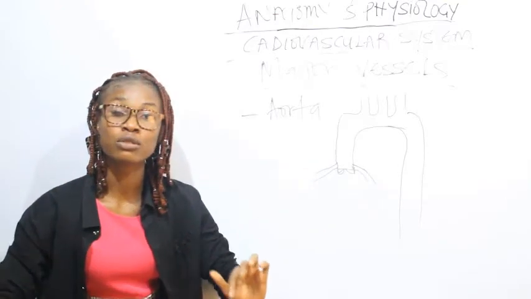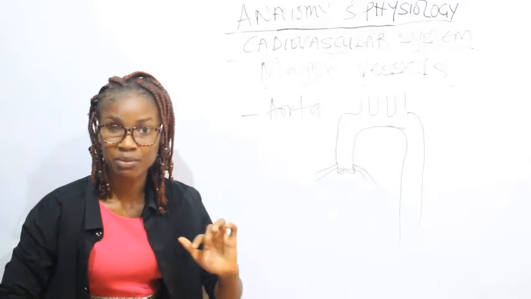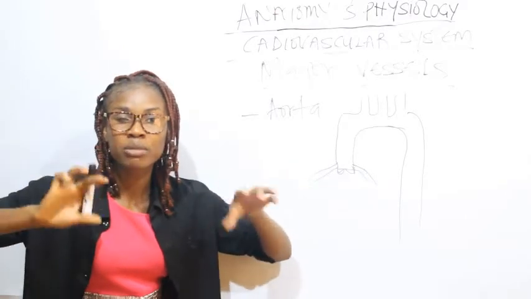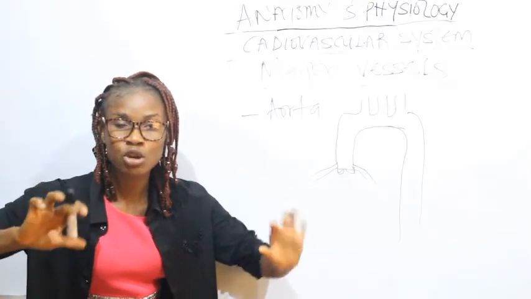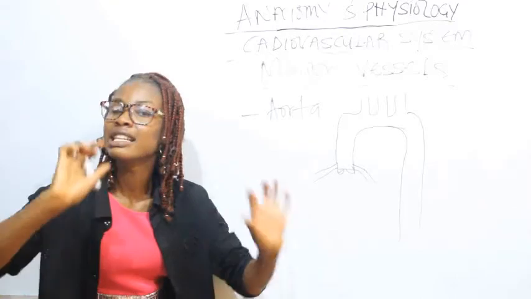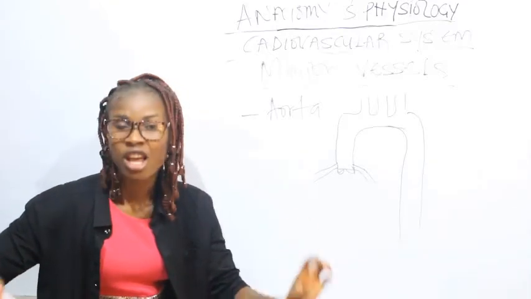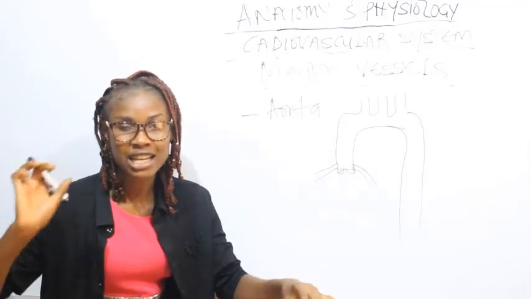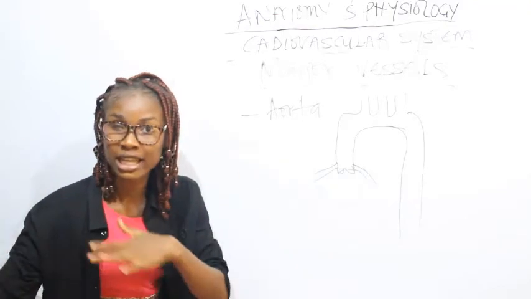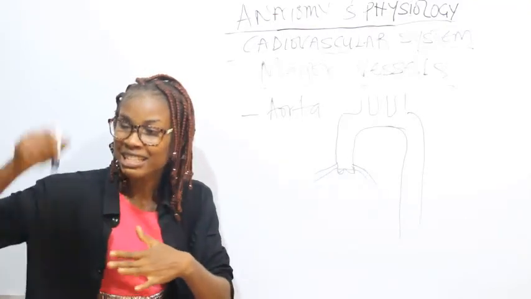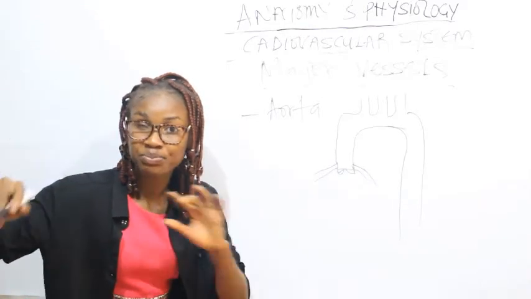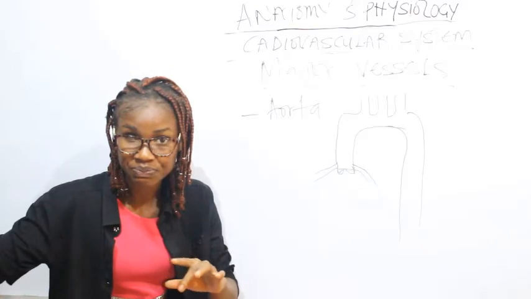Now, when it gets to the fourth lumbar vertebra, it splits into two, forming the right and the left common iliac artery. Okay? Now, it's continuing though. When it goes to the sacroiliac joint, each of them splits into two again, forming the internal and the external iliac arteries.